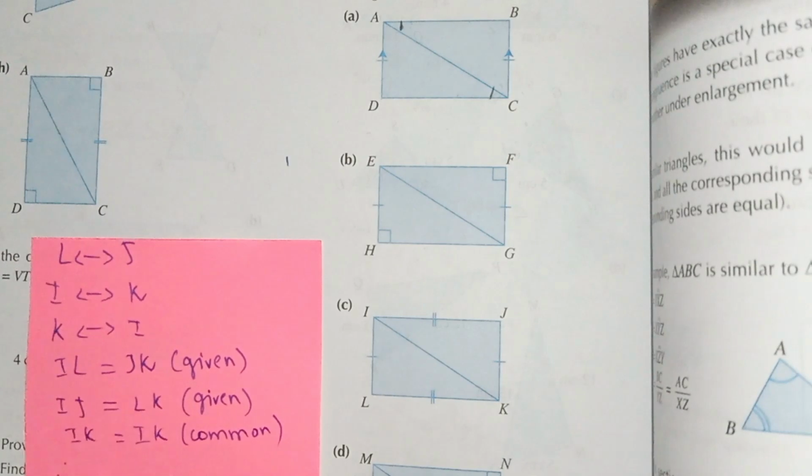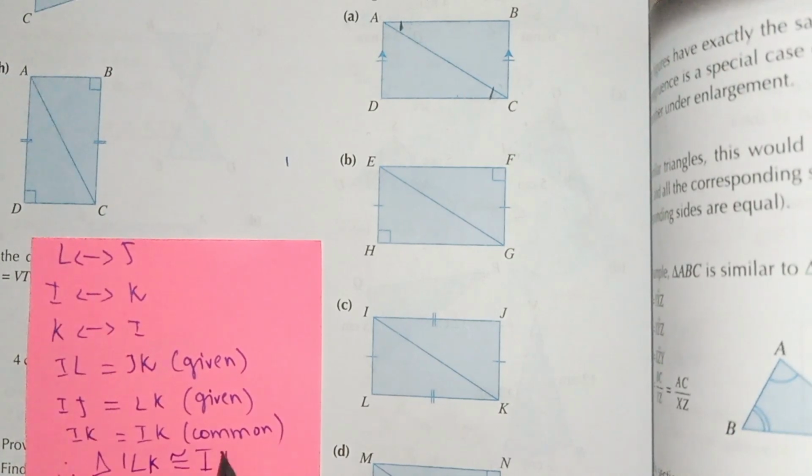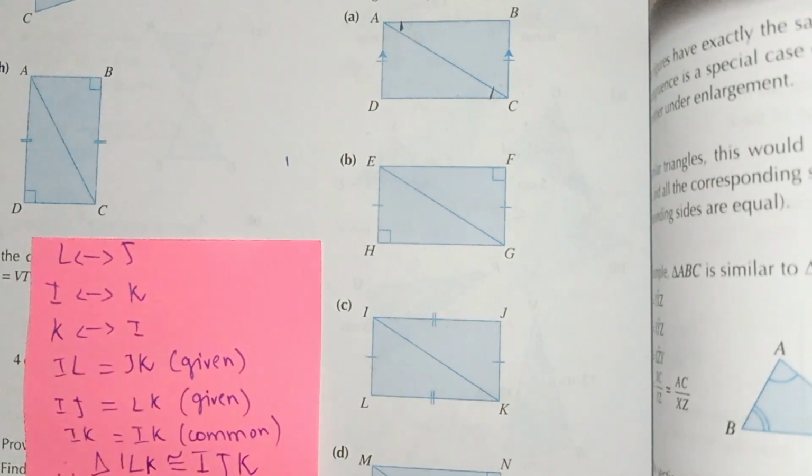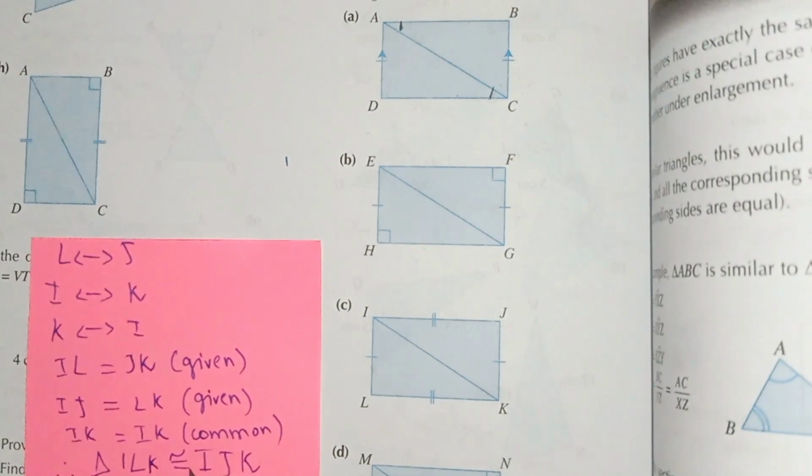And now we prove that the triangle ILK is congruent to triangle JKI, that both triangles are congruent, and which test is applied on it?